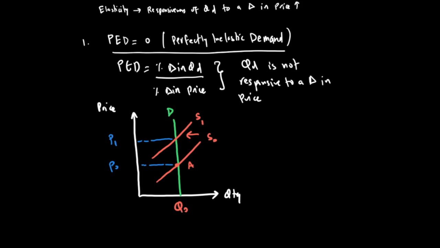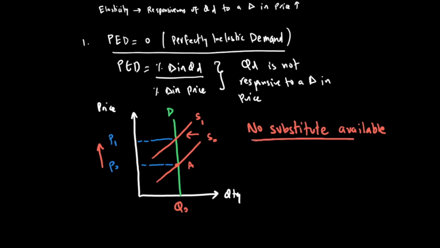So when you have a perfectly inelastic good, it's very important for the consumer. It's so important for them that they are not willing to cut down the quantity and are willing to pay a very high price for it. And we say there is no substitute available for such a good, because if there was any substitute available, people may switch and the quantity demanded may fall.